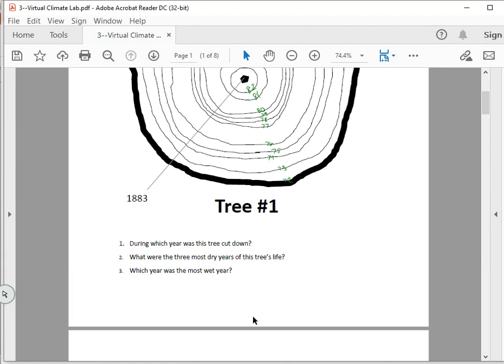And then number 2 asks, what were the 3 most dry years in the tree's life? So dry years are indicated by rings that are very close together.